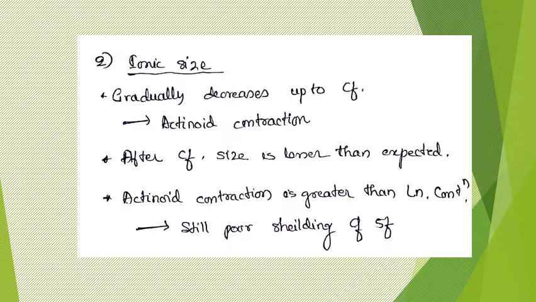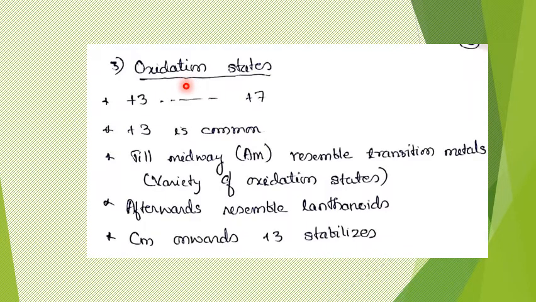Fine. Next, oxidation states. Coming to oxidation states, +3 to +7, almost all of +3, +4, +5, +7 can be observed. And as I've said, among them +3 is common. +3 is shown by each and every element. But this variety of oxidation states from +3 to +7 is only up to americium, around midway.